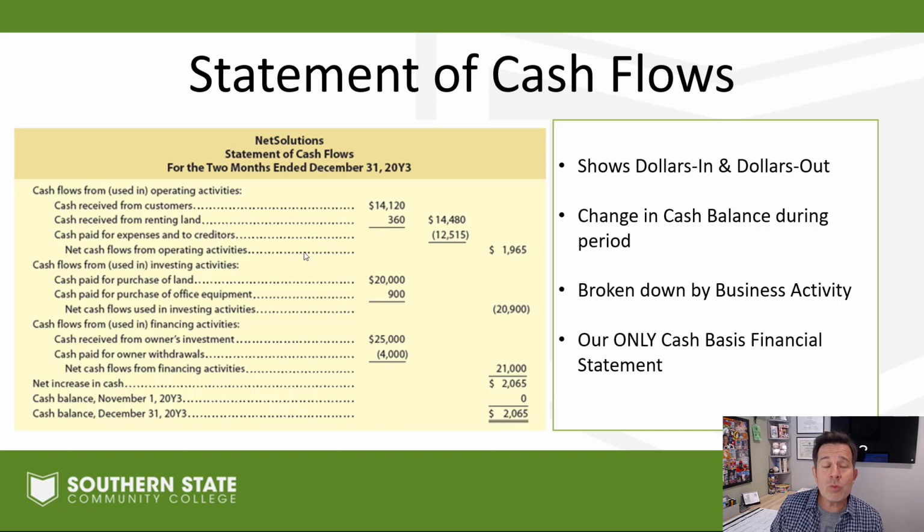It is our only cash basis financial statement. All the other financial statements we're doing are done on the accrual basis. We do our accounting on the accrual basis, which makes it very easy to prepare the other three financial statements. The reason we're punting the cash flow statement to the end is because it's done on the cash basis.